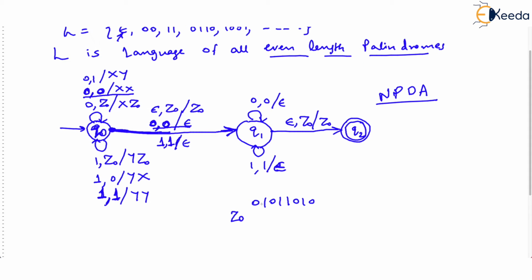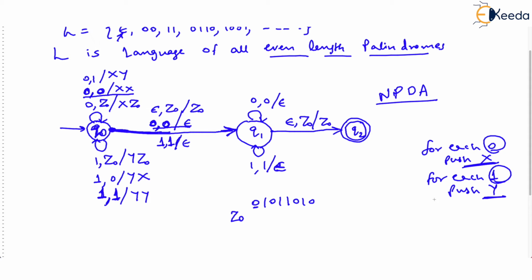The idea will be, as usual, that for each 0 we push X, and for each 1 we push Y, so that you can remember whether you encountered 0 or 1 in the input by loading them on the stack in the form of X and Y. But this is only till we reach the center, because once we reach the center, this is one part of the string, and this is its reverse.